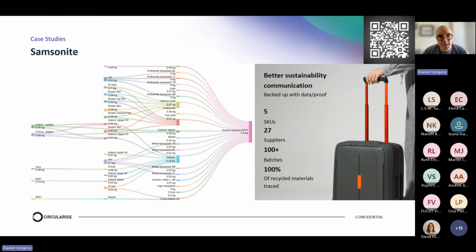One of the case studies that we did with Samsonite: they created a suitcase based off of circular materials, something like used cooking oil.